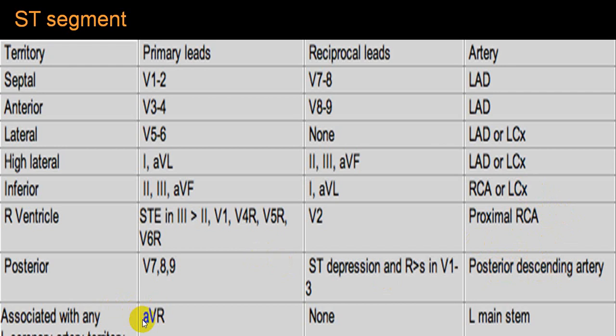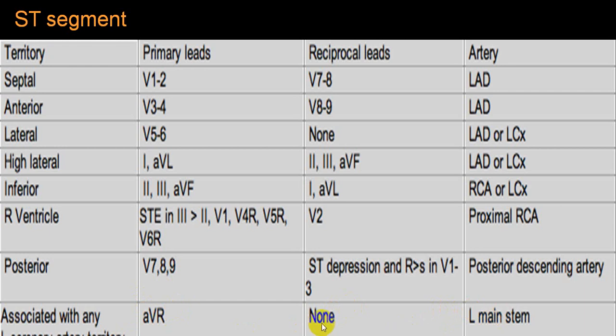And if you get an ST elevation in AVR, always look for what we call left main coronary artery involvement, sometimes in case of a LAD involvement. But you get elevation in AVR, and along with elevation in AVR, if you get an ST depression in multiple leads, it is left main coronary artery involvement.